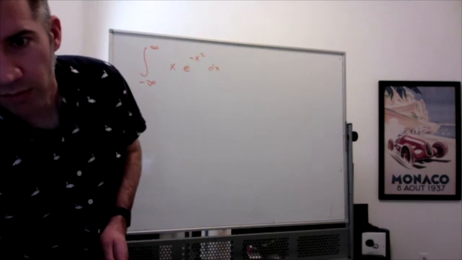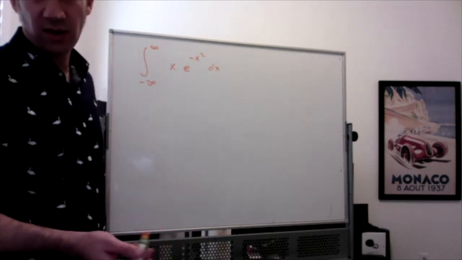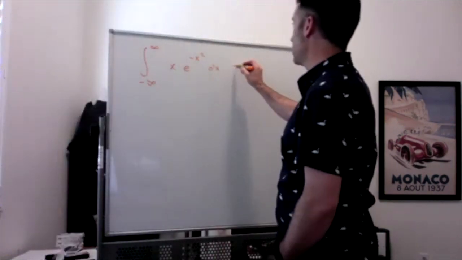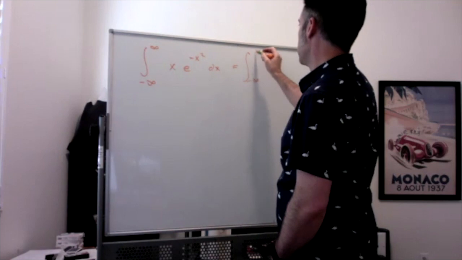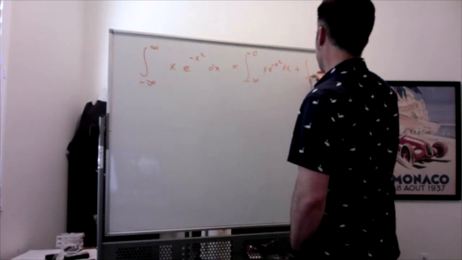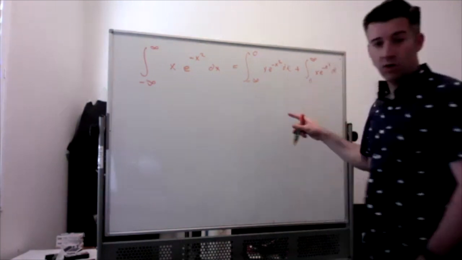I don't really want to do it because we're out of time, but I will just tell you that you can break this up and show that each of these converge.